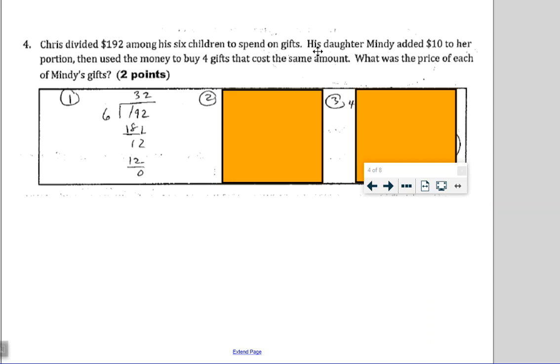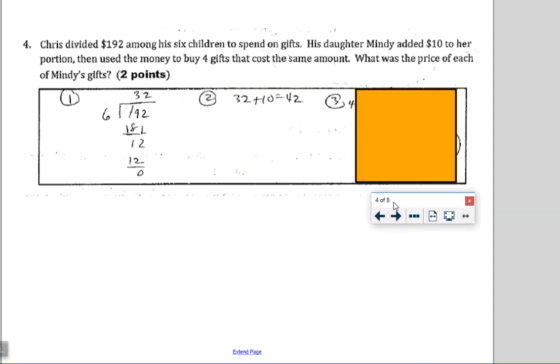Now, look at the second sentence. His daughter, Mindy, adds 10 bucks to her portion. Well, she got 32 bucks from dad. She adds 10 more. So now she's got 42 bucks. Maybe she had 10 bucks in her piggy bank or her wallet, but now she has 42 bucks total. Dad's 32 plus the 10 she had. And then she uses that money, the 42 bucks, to buy 4 gifts that cost the same amount.